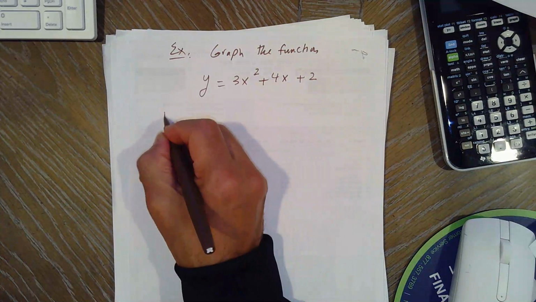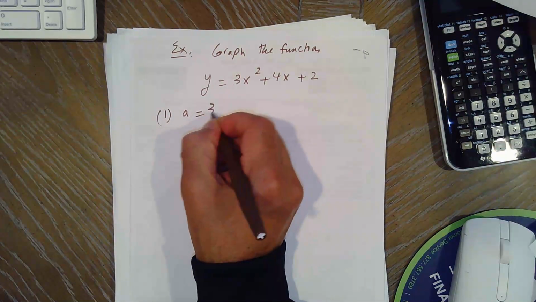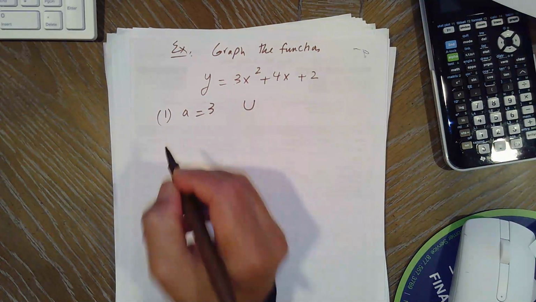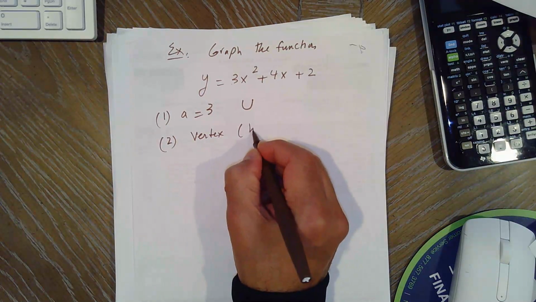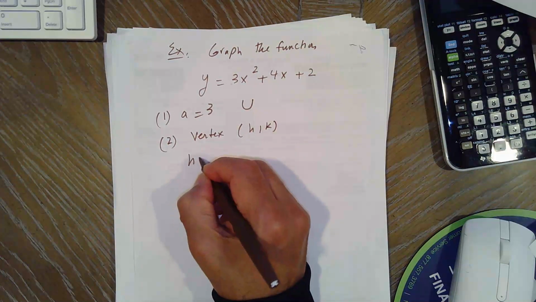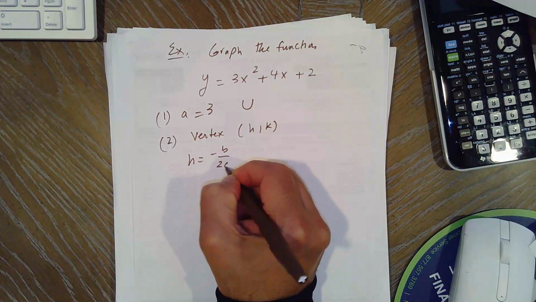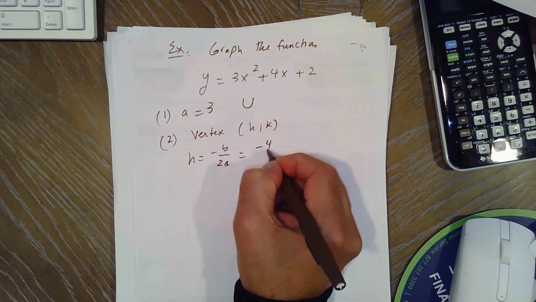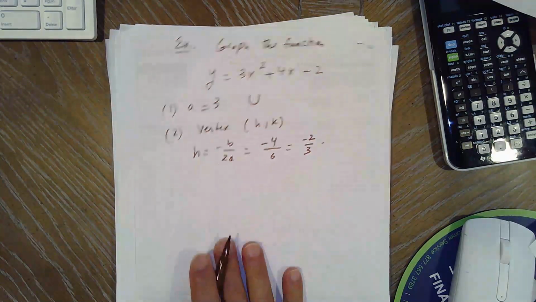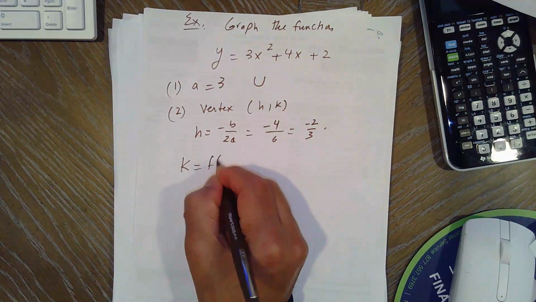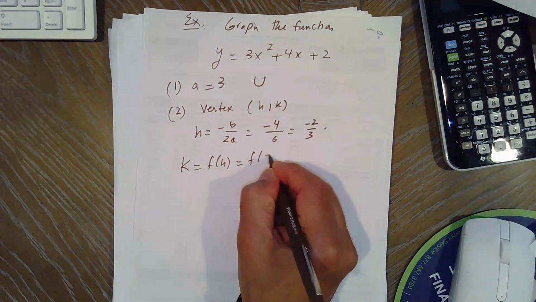But what we can do, again, a is 3 in this case. It's positive, so it's going to be this. To get the vertex (h, k), to get h, we do the formula, -b over 2a. It's -4 over 2 times 3, which is -2 over 3. To get k is f of h, which is f of -2/3.